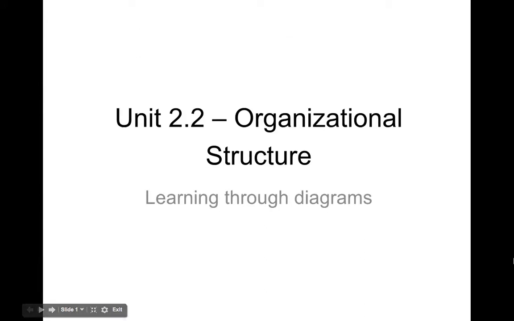Okay, so today we're going to talk about Unit 2.2, which is organizational structures. You can find formal organizations, which is a planned structure of roles, relationships, and so on, and it is set in a formal way with rules and regulations, and it is shown in the charts of firms or organizations.